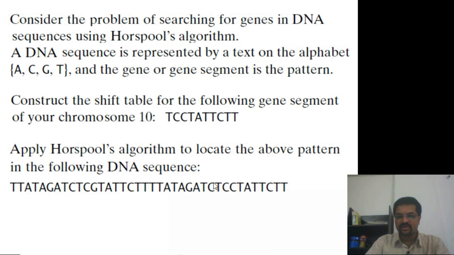We keep doing it until we find a successful case or the pattern goes beyond the text. In this one, finding the shift table is actually very easy. The value of t would be 1, the value of c would be 2, the value of a would be 5, and the value of g would be 10, because g is not present anywhere here.